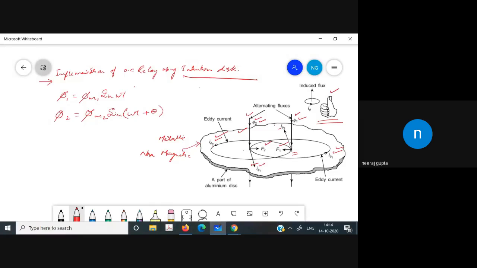Now, let us suppose that we have the flux phi1 and the flux phi2.